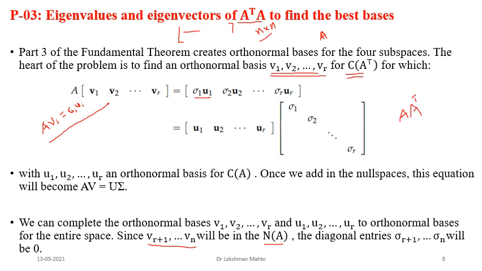Just apply all the elementary row operations, and from here you can deduce u r plus 1 up to u m. That means you are getting a basis of the null space of A transpose as well from this matrix.